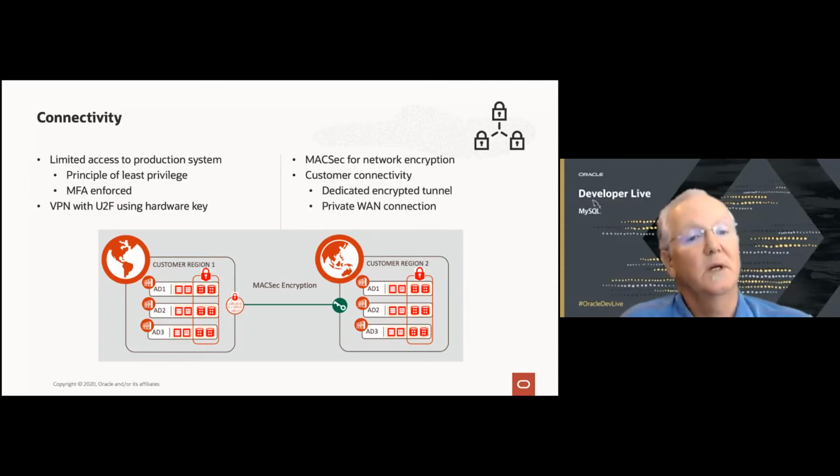So it can not only protect the IP traffic, but also ARP, neighbor discovery, and DHCP. It relies on GCM-AES encryption to make sure everything's confidential. So it's really good to have this layer 2 protection.